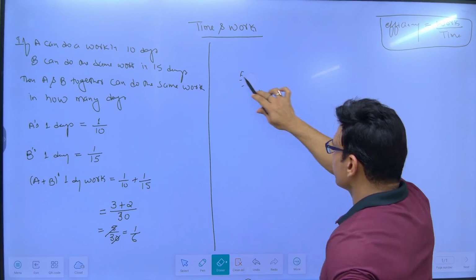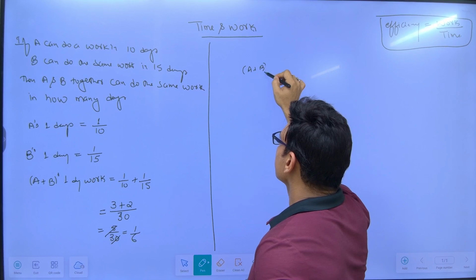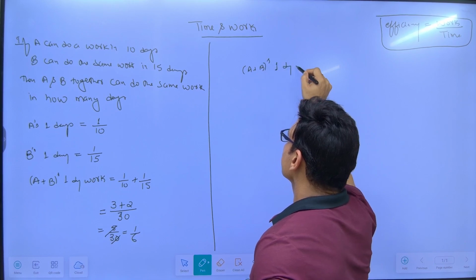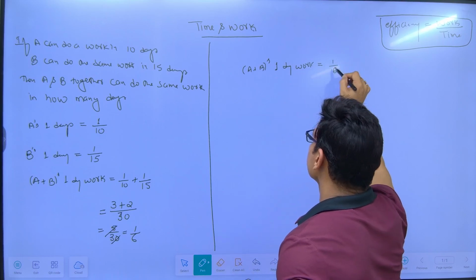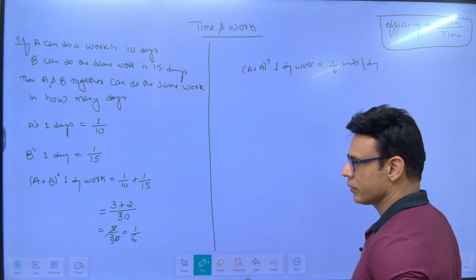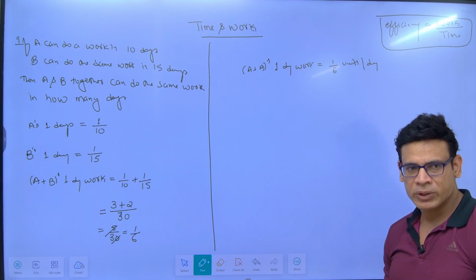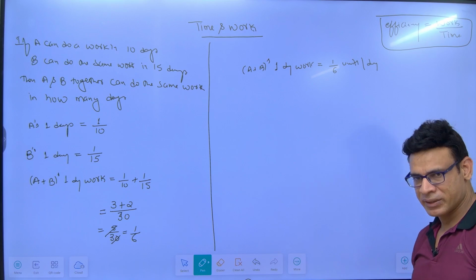Can we say A plus B's one day work is equal to how much? 1 by 6 units per day. That means they are doing 1 by 6 every day.